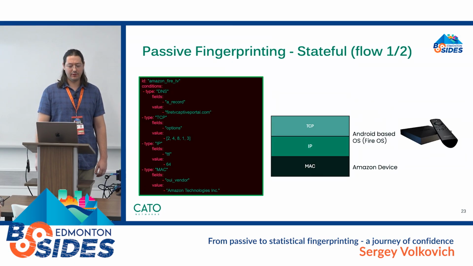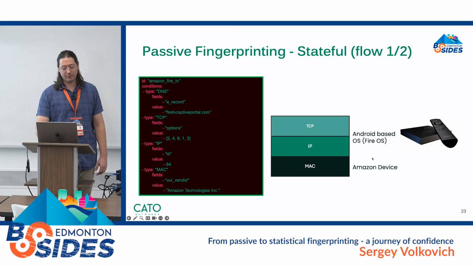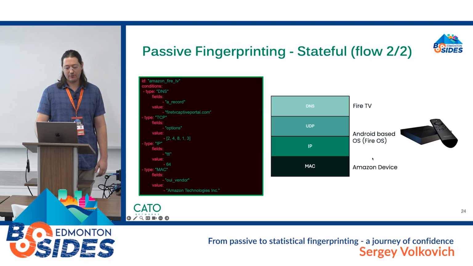As for the stateful setup, we can start by figuring out from the TCP packet that this is an Amazon device with an Android OS, and then look, for example, at the DNS to understand it is specifically the Amazon Fire TV.